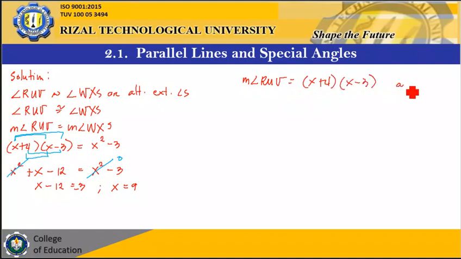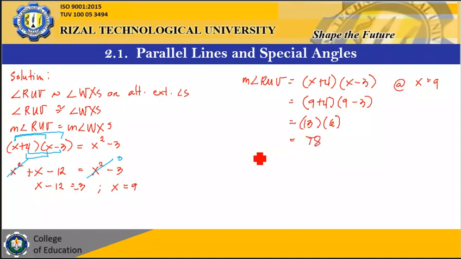And we know that our x is equal to 9. So just plug in the value of x. We have 9 plus 4 times 9 minus 3. We have here 13 times 6, which is 78.